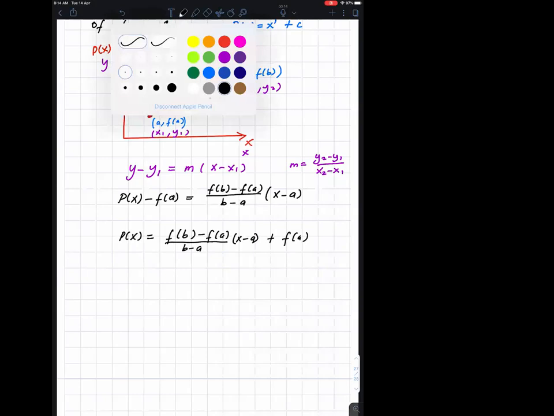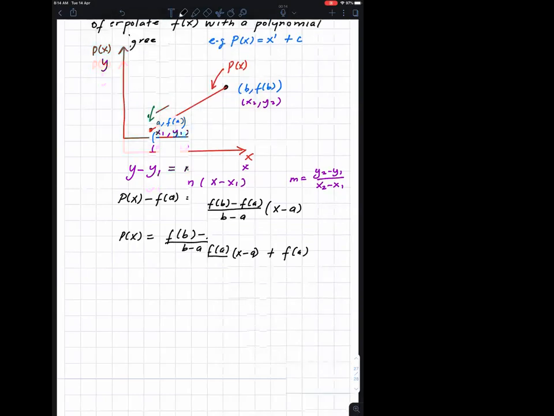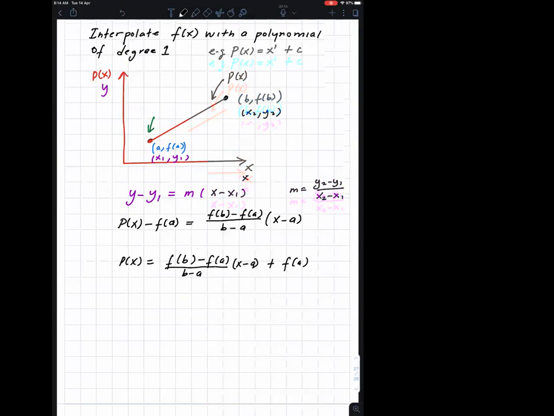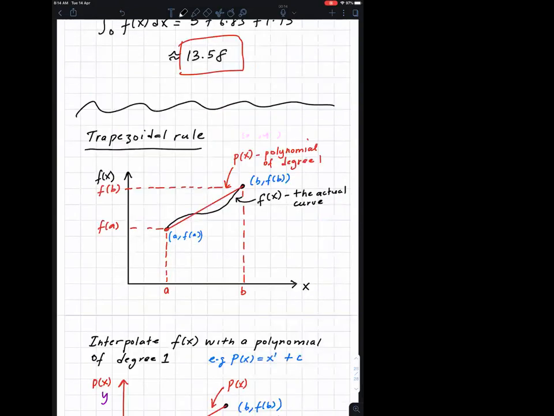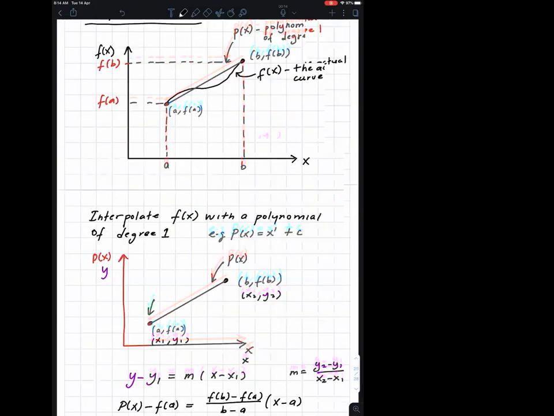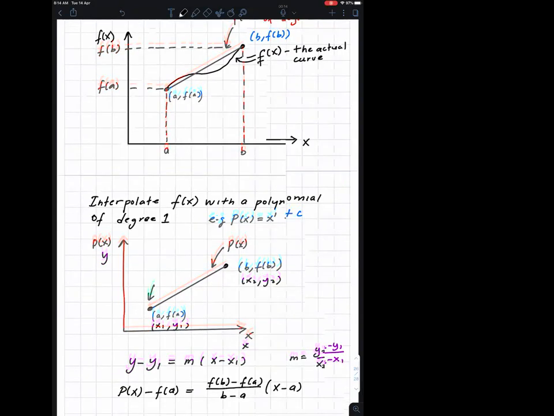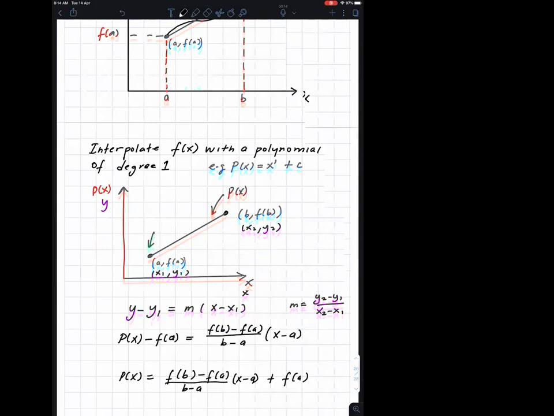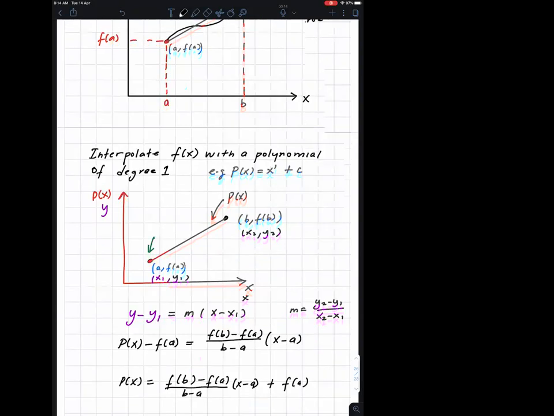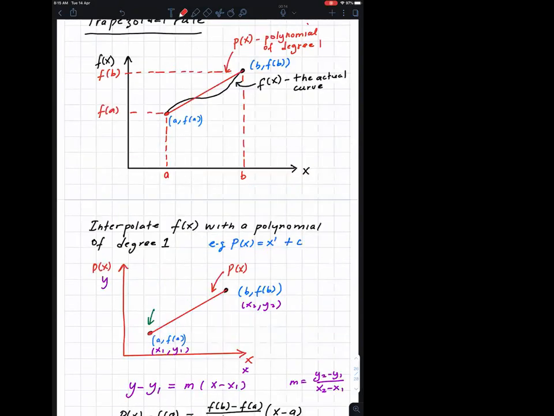This is the equation of the straight line, a polynomial of degree 1. So now to find the area under this curve, you want to find the area. Let me bring this down here.